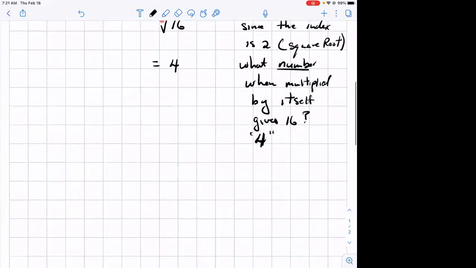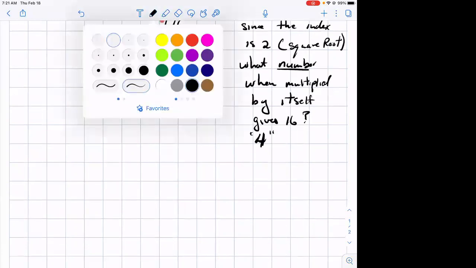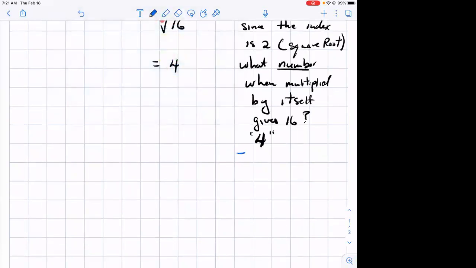Hence, this means 16 is a perfect square, because we're able to find a number that when multiplied by itself gives 16.